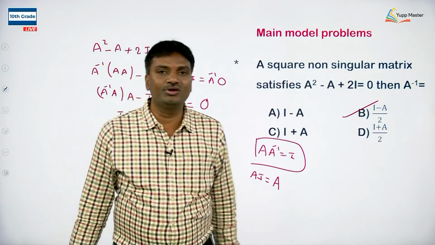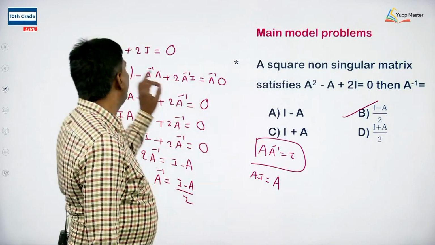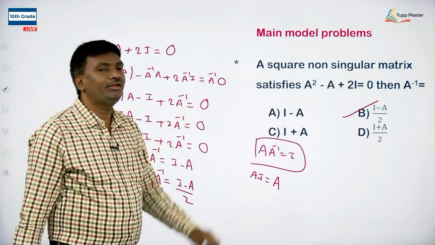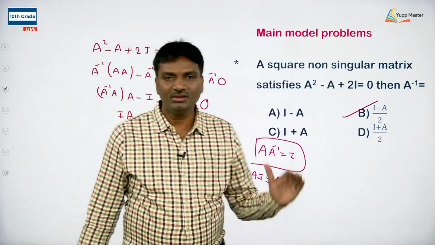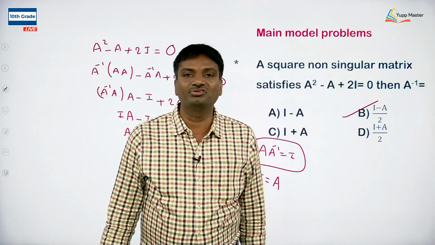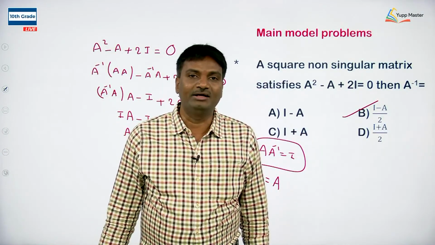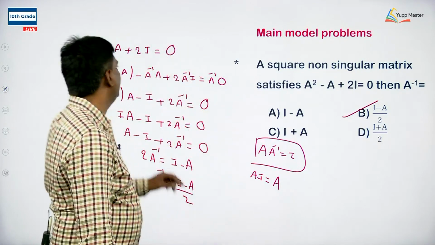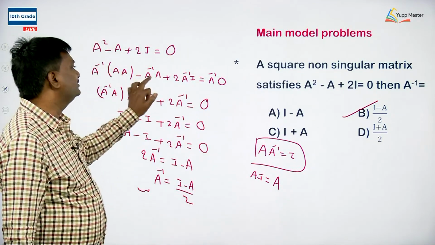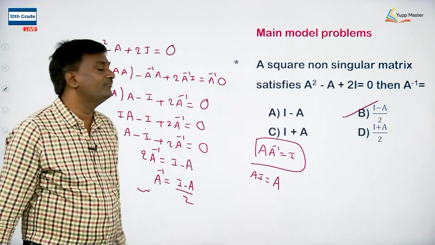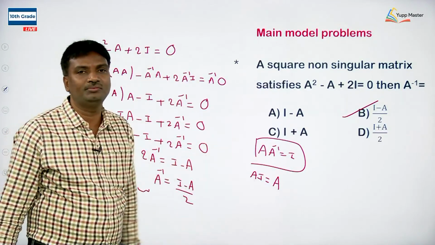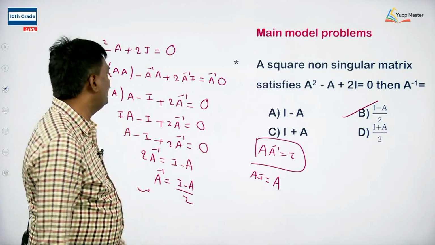Here let us write A square as A into A. So A into A minus A plus 2I equal to O. Let us multiply on both sides by A inverse. You will get A inverse of AA minus A inverse into A plus 2 into A inverse into I equal to A inverse into O. O is nothing but the null matrix.